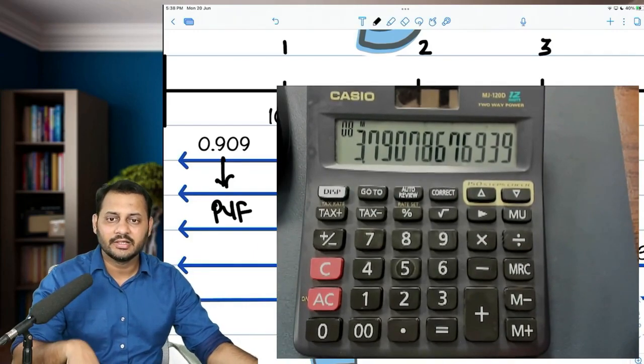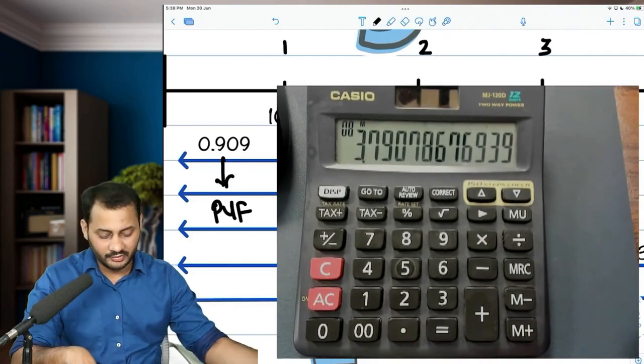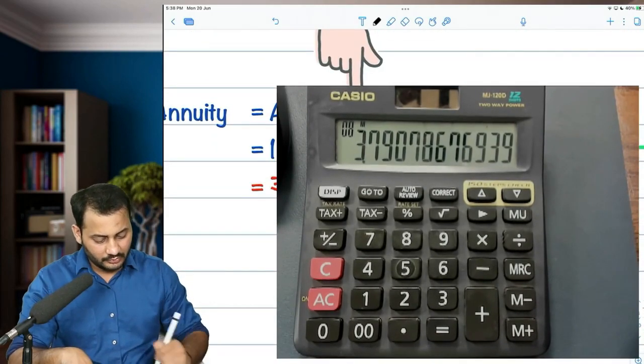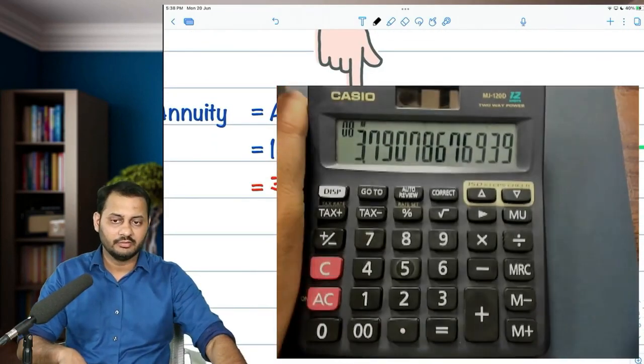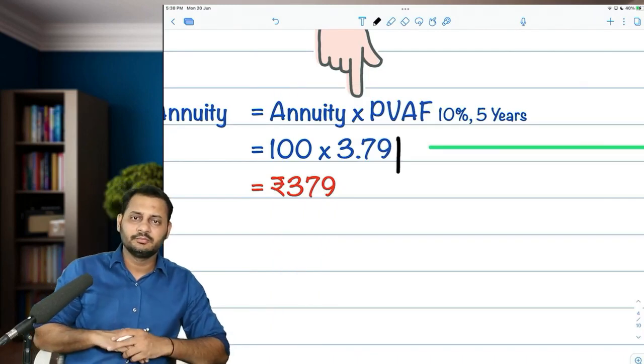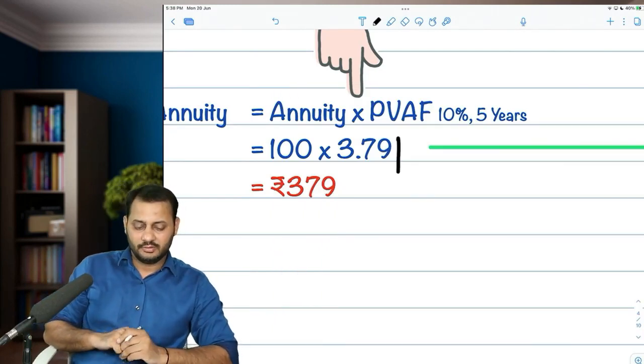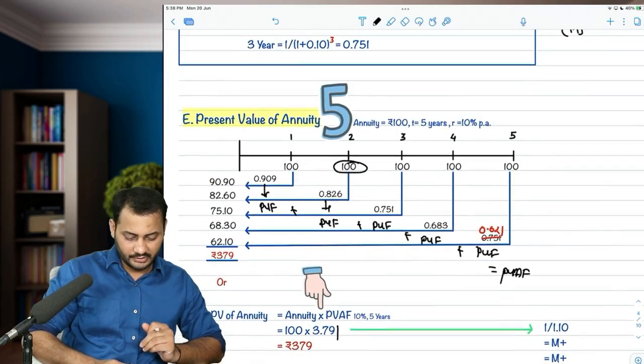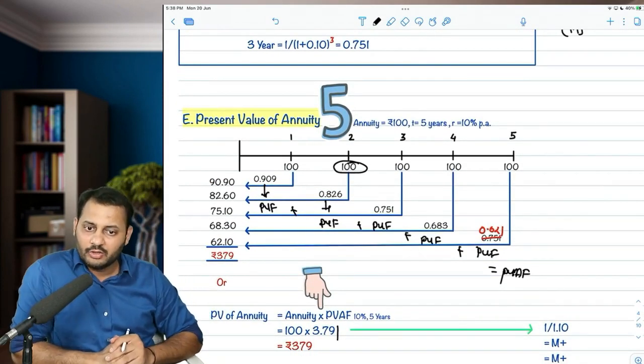That means 3.791 if we round off to 3 digits. That's it, simple, easy. So this is where we are done with the present value of annuity concept.